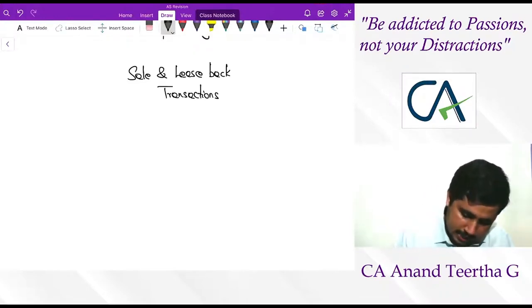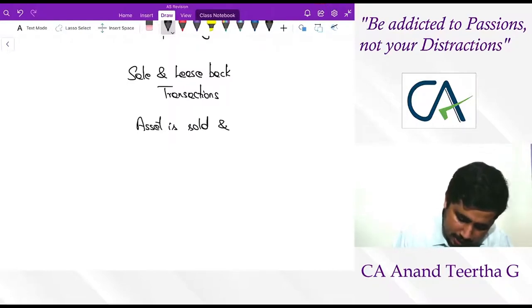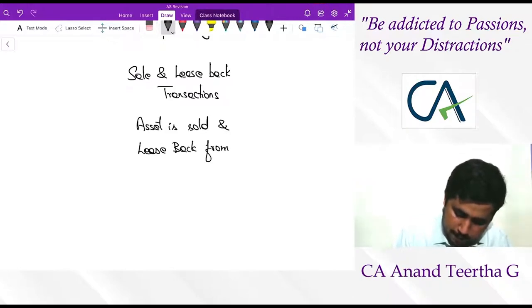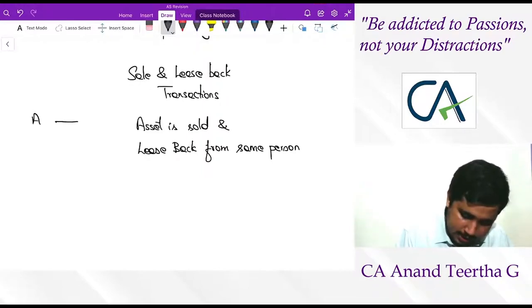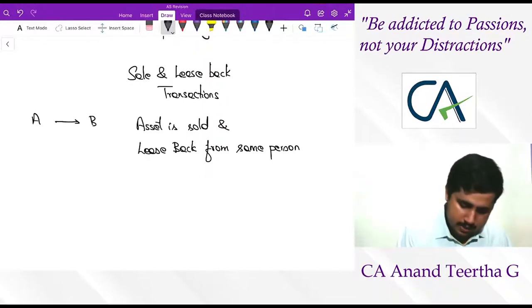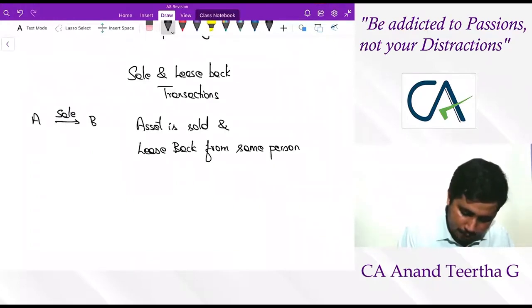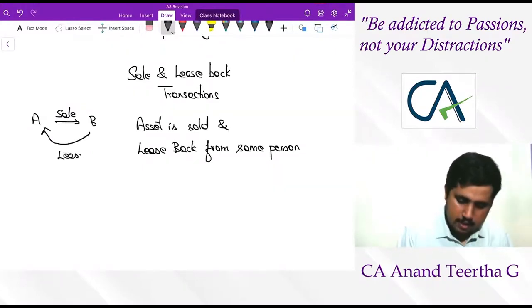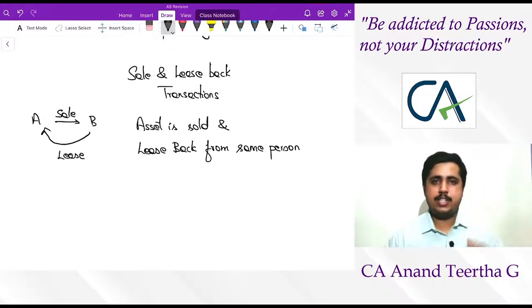First, the asset is sold and leased back from the same person. So basically, A transfers the asset to B, this is the sale, and from B again takes it back as lease. This is called a sale and leaseback transaction.